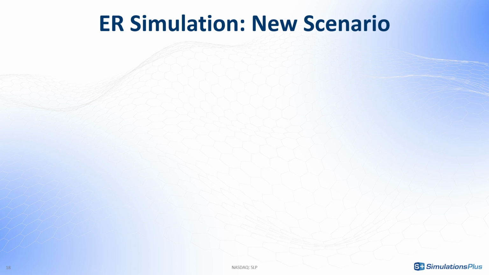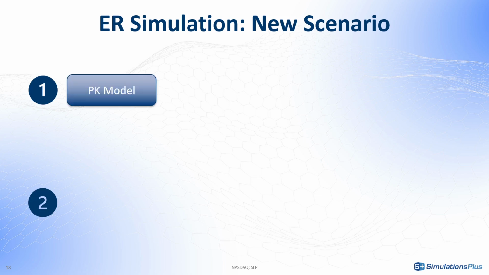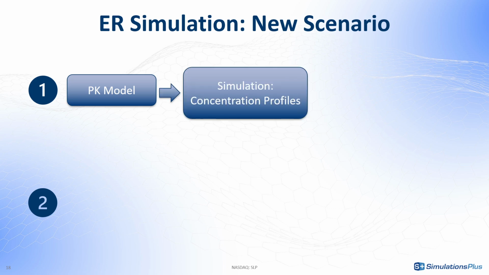In these 3 examples, I calculated exposure metrics based on the original design and individuals from my original study. However, this workflow can be extended to simulate new scenarios. This procedure must be done in 2 stages. First, I create a Simulx project with the PK model, and then I use it to simulate PK concentration-time profiles of the new scenario, and then I calculate exposure metrics in a similar way to what I presented in this video.